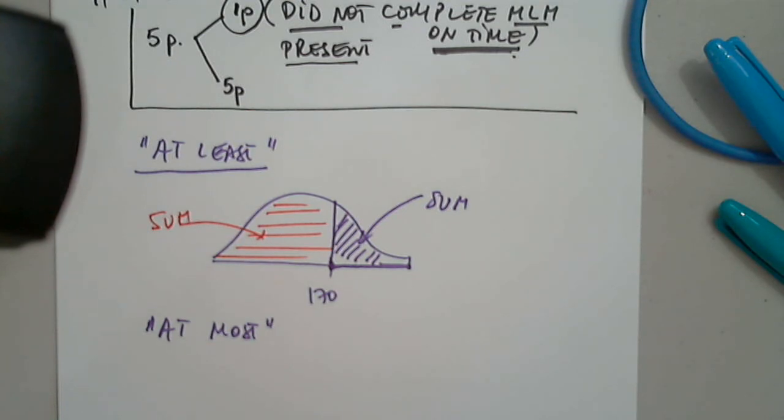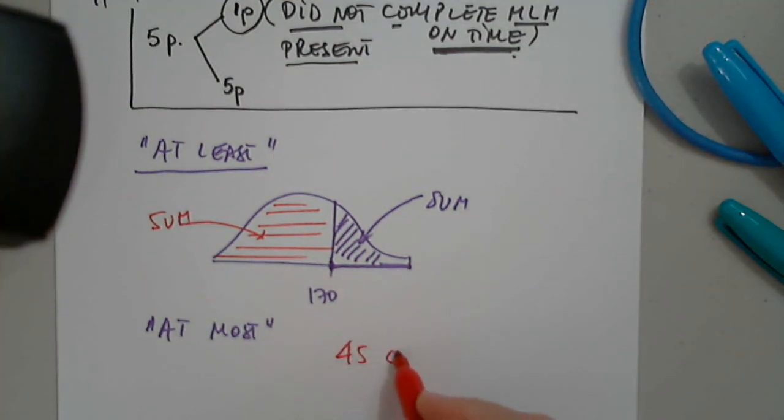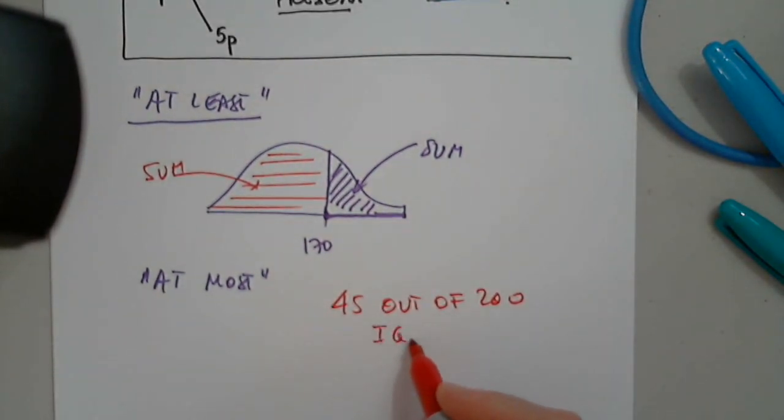Back to sharing. So what percent of students had an IQ of at least 120? So we have 31, 8, right? 31 plus 10 is 41, plus 4 is 45. But they're asking us about the percent. So 45 out of 200 had an IQ of at least 120.